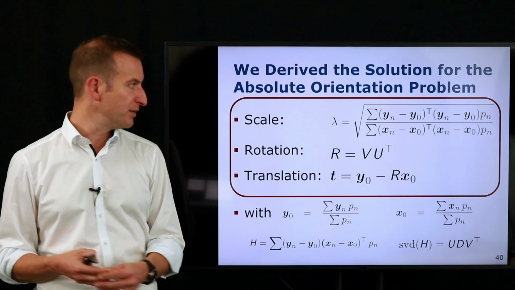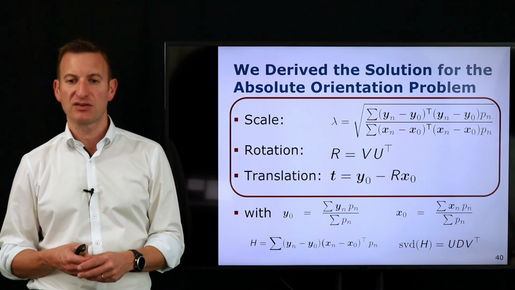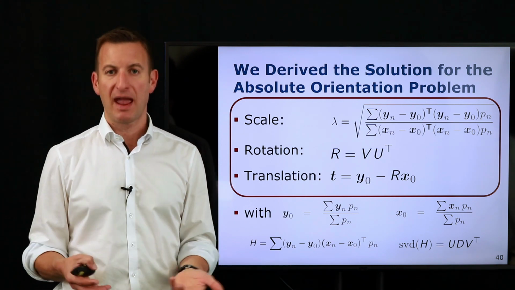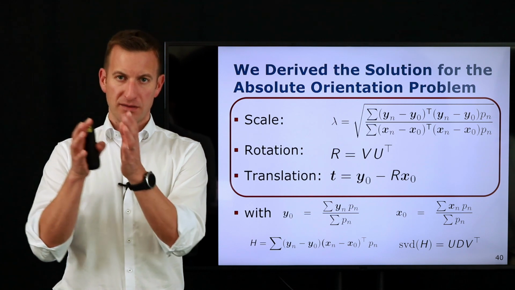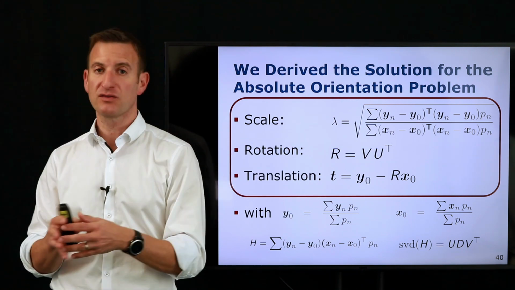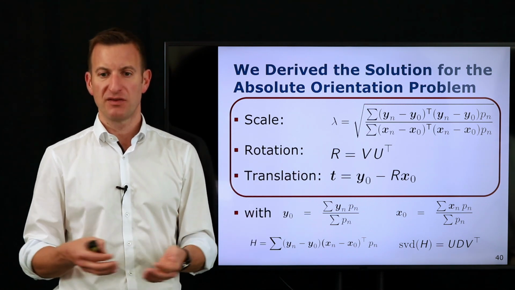And with those 4 computations, I can compute my scale parameter, my rotation matrix, and my translation vector that minimizes the error between the input point set transformed with this similarity transform and my point set yn. And it minimizes the squared error over here.